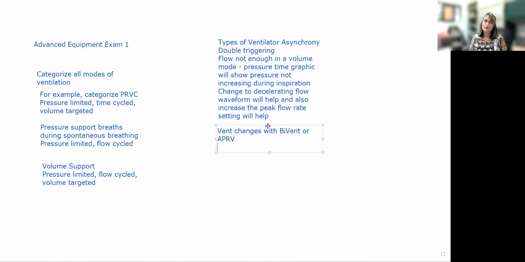So we recommend this mode for patients that have severe hypoxemia with conventional modes. If they're on an FiO2 greater than 60%, they're on PEEP greater than 10, and their saturation is still less than 90%, then you could recommend this mode of ventilation.